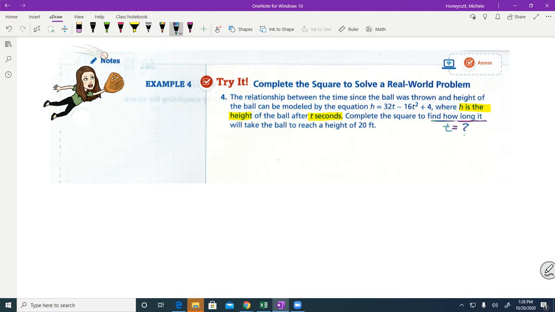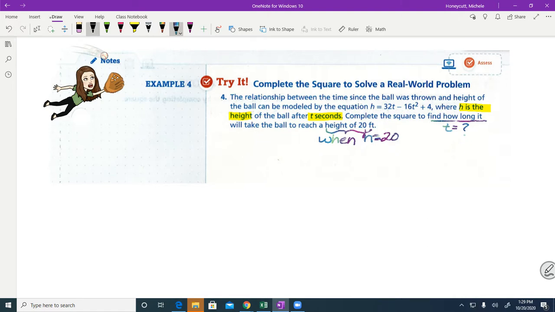And how long will it take the ball to reach a height of 20 feet? So they want me to find the t value when the height equals 20. In other words, they want me to substitute in 20 for h and find t.